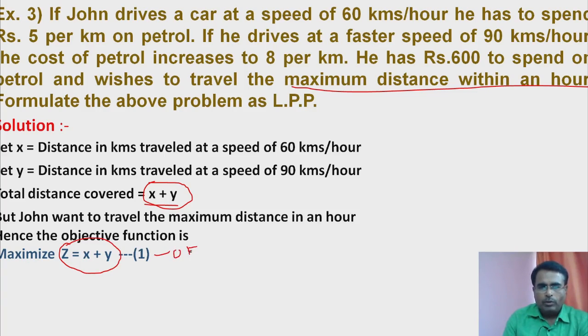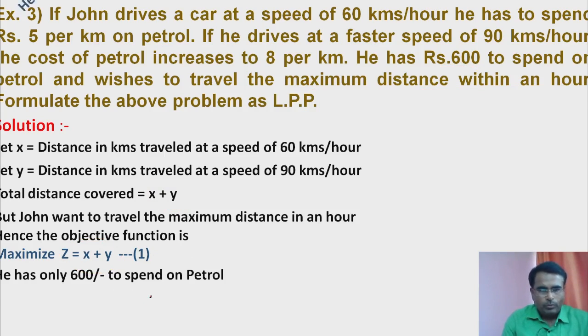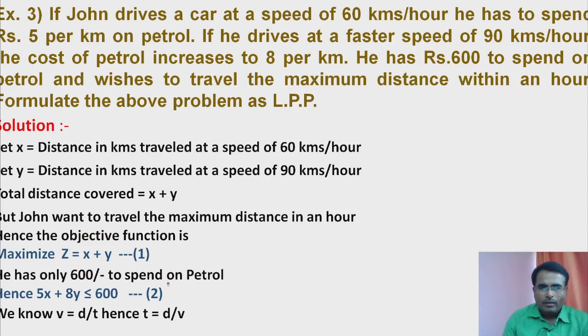Okay. Now, we have to think about constraints, that is, restrictions. It has been given that John has only rupees 600 to spend on petrol. Therefore, at the spending of rupees 5 per kilometer he travels x distance, and at the spending of rupees 8 per kilometer he travels y distance.